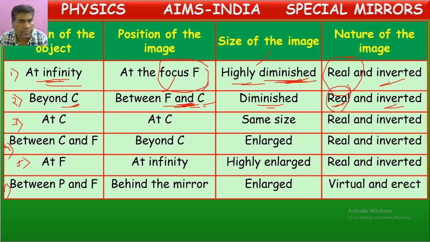Real and inverted. Okay. Next. When the object is at C, the image is also formed at C. What will be the size? Same size. Object size and image size, both will be the same size.